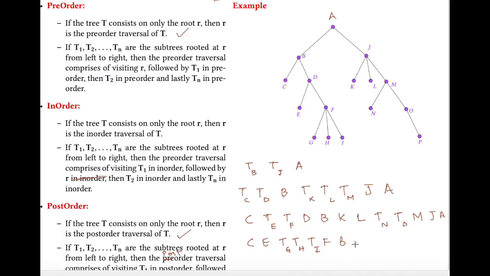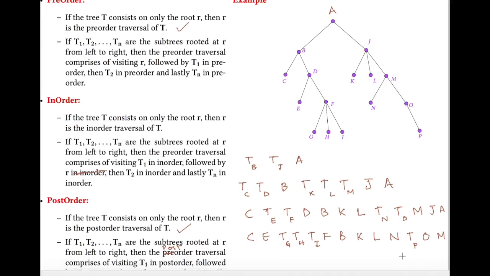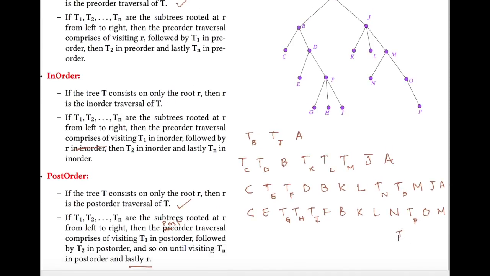And then we have B, K, L. T of N is what? N, because it's just one root over there. T of O is what? So T of O is T of P and O. And then we have M. Then we have J. And then we have A. Then G, H, I are just the roots themselves, right? And P is still also just the root.